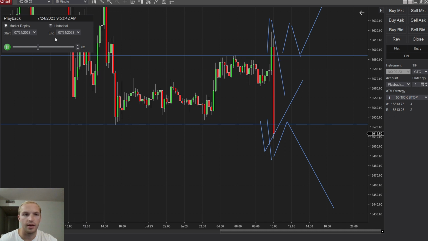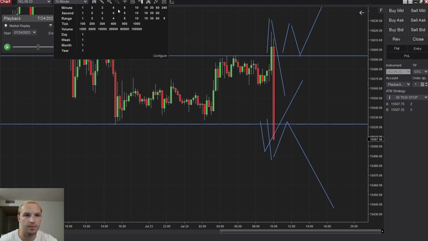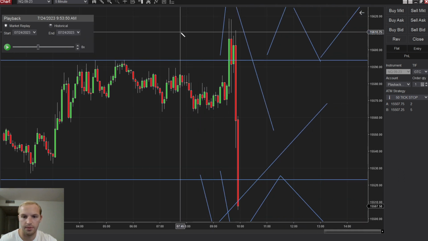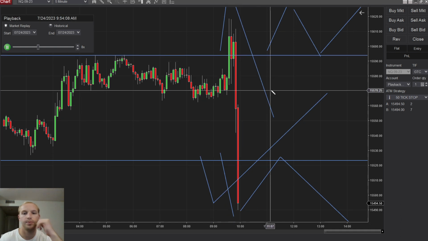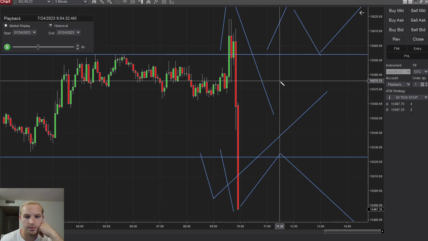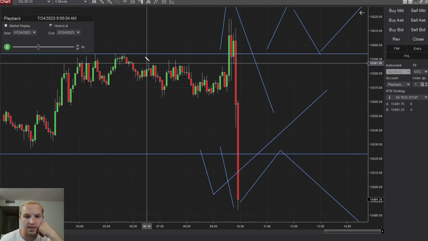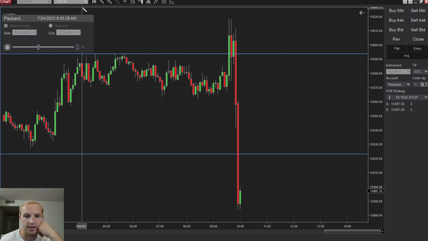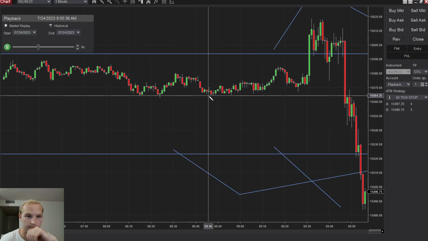Okay, and let me actually go back to the 5 minute. All right, I'd like to see now if we're going to come up and accept that area, or if we're going to get a strong displacement back through it.